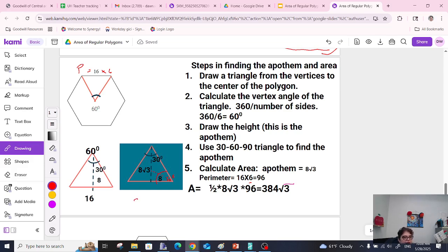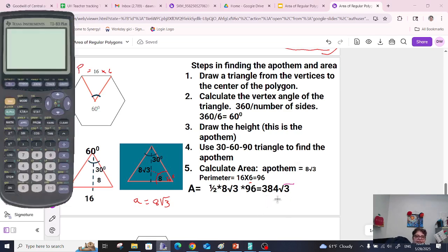And so apothem is 8 square root 3. Once you get the apothem, you substitute everything in. 1/2 times 8 square root 3 times 96. I just did 1/2 times 8 is 4. 4 times 96 is 384. And I got my square root 3. This would be the exact answer.